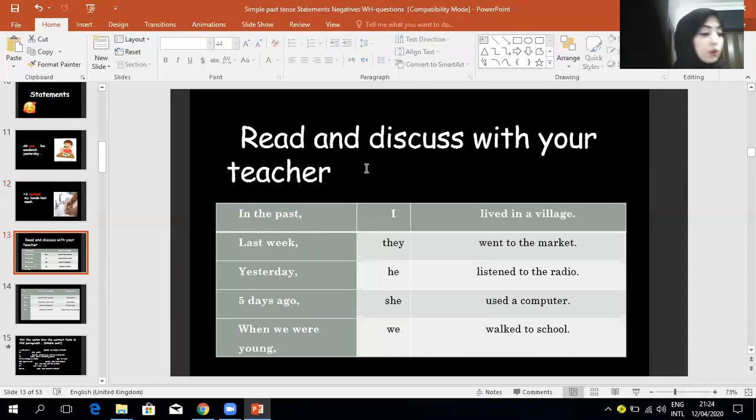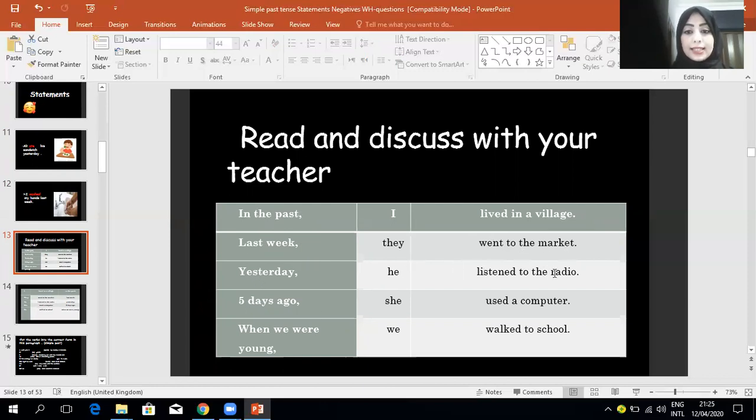Now, read and discuss with your teacher. This table includes examples with keywords. Keywords: a key for the question, a key for the sentence. In the past, I lived in a village. Last week, they went to the market.